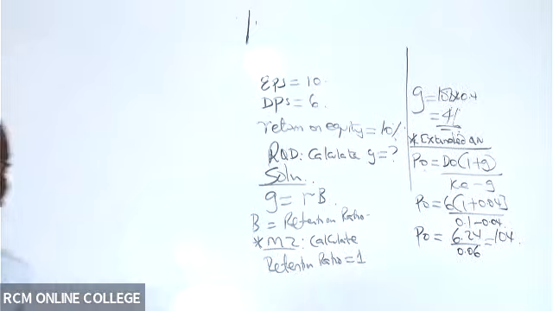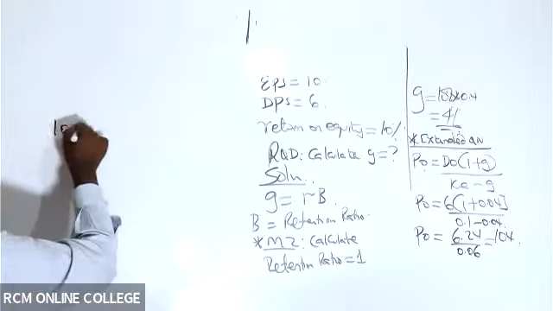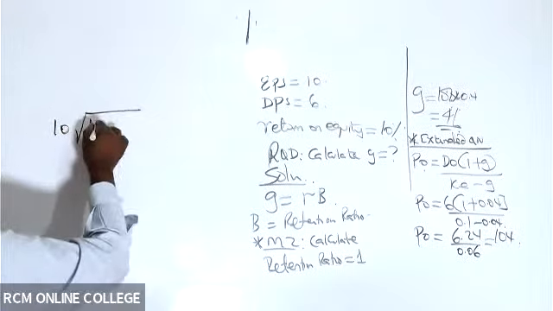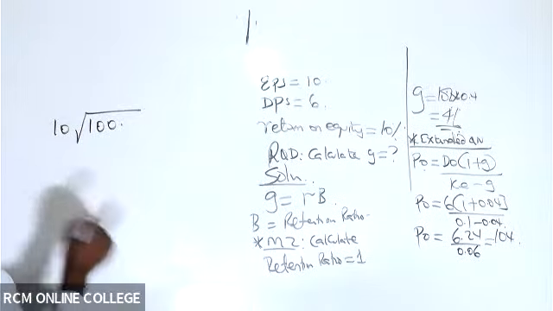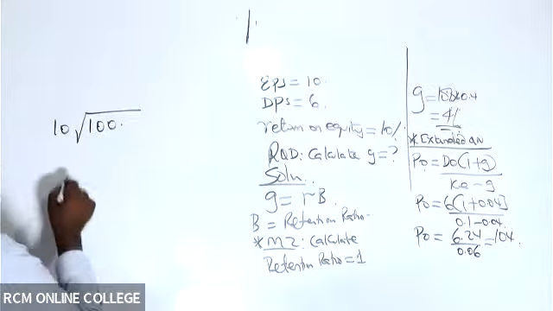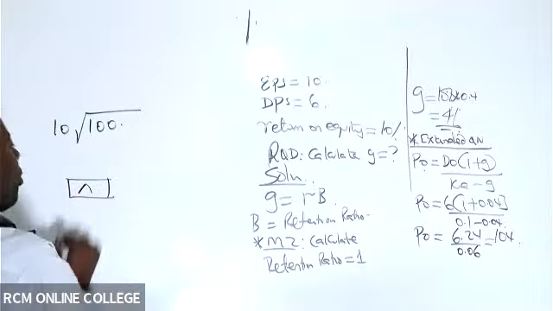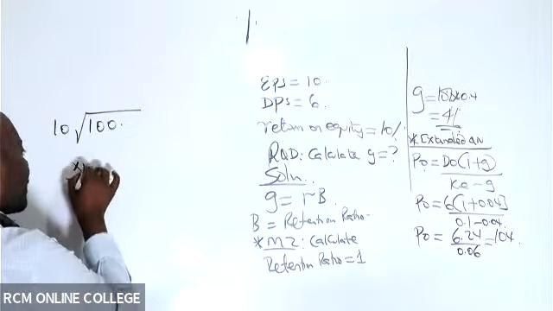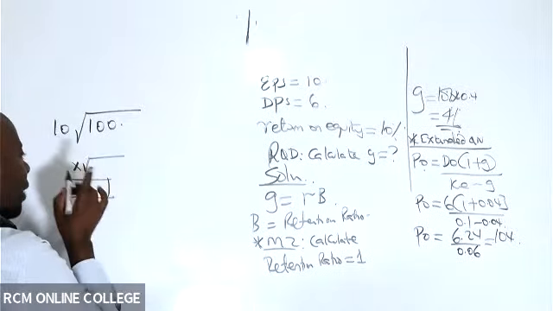For example, if you are given the 10th root of, say, 100, look, this is the 10th root, not 10 times the square root of 100. I know there is a button written like this, raised to, and on top of it there is an X root, which is yellow in color.